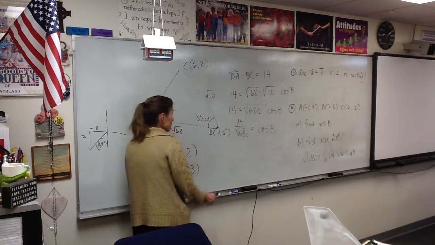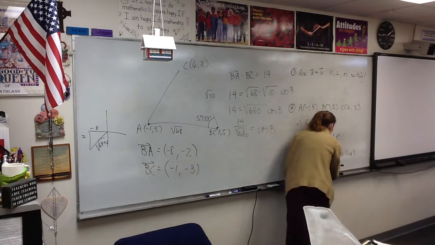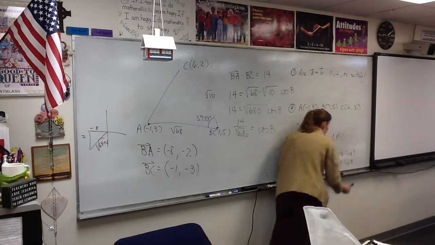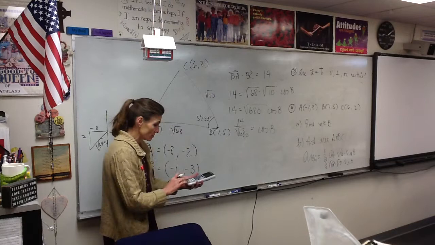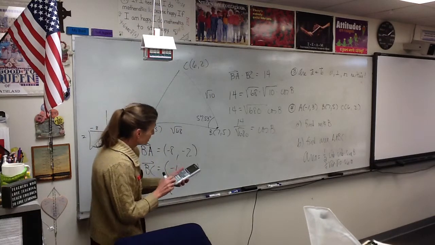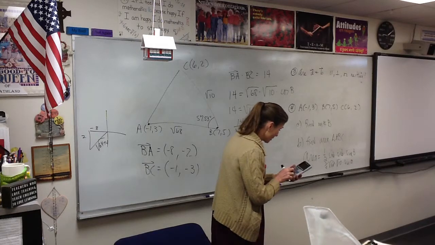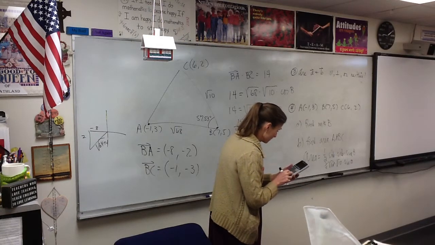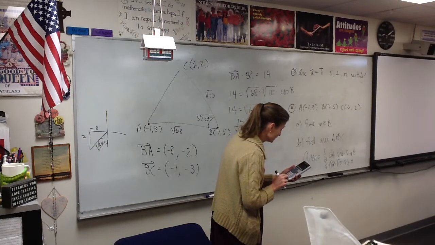So your area will be 1/2 root 68 times root 10 times the sine of the angle that you just found, which is sitting on your calculator, so you don't need to round it off. You can just take 1/2 times the square root of 680 times the sine of your answer.